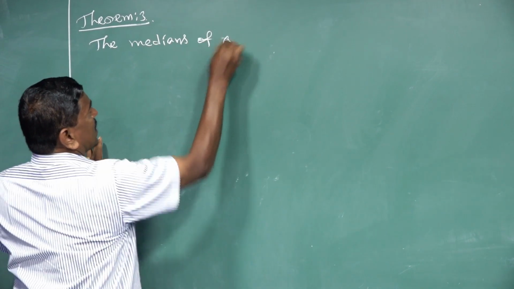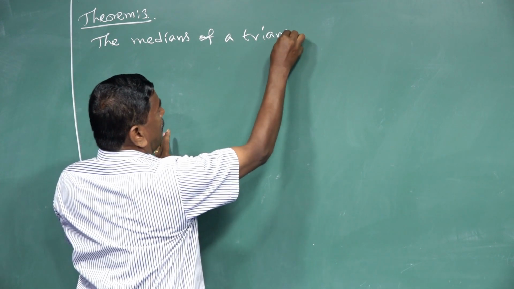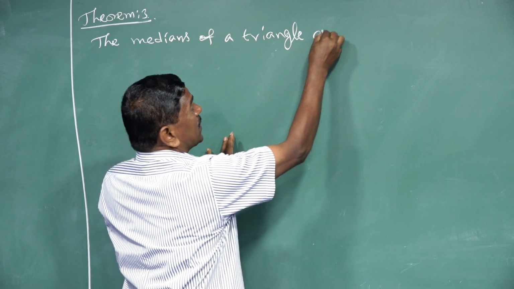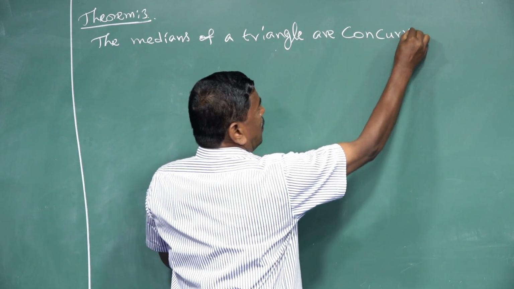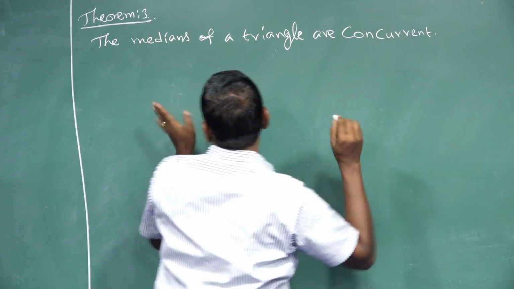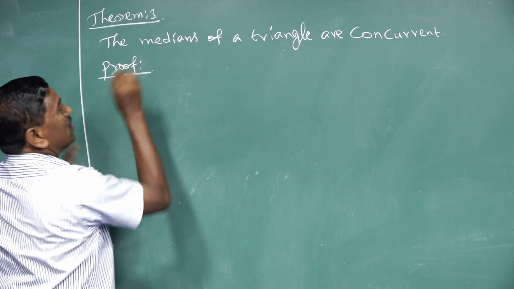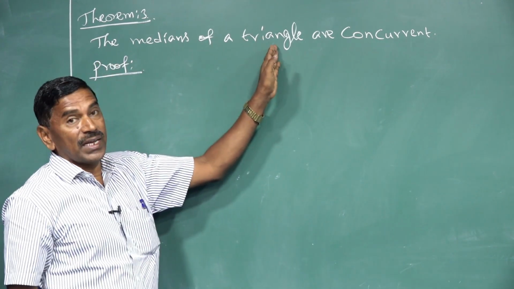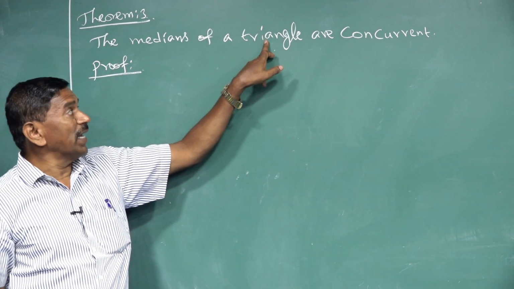The medians of a triangle are concurrent. Yes, this is what we have to prove. Children listen, this is an important 5 mark question. Listen, what is the keyword? Yes, triangle is the keyword.